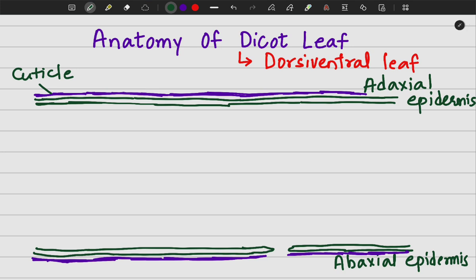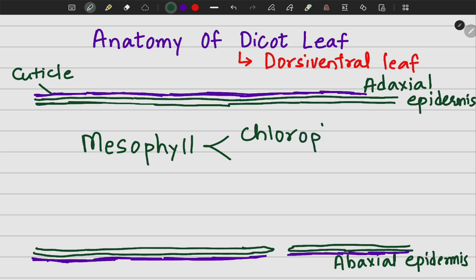Now below the epidermis, we will find a special type of tissue which is found in the leaves, and this tissue is called mesophyll. It covers the whole of the internal region of the leaf. The cells of the mesophyll have chloroplast, and hence they carry out the function of photosynthesis.